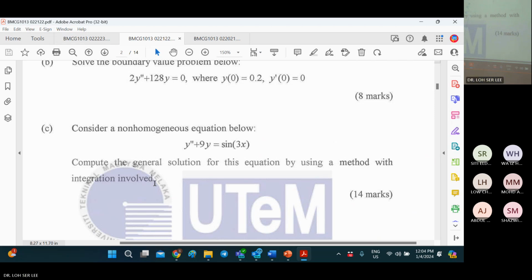Which one? Variation of parameters. So you have to use variation of parameters. If you use undetermined coefficients method, you don't get any points when you use the wrong method, even though you get the correct answer.